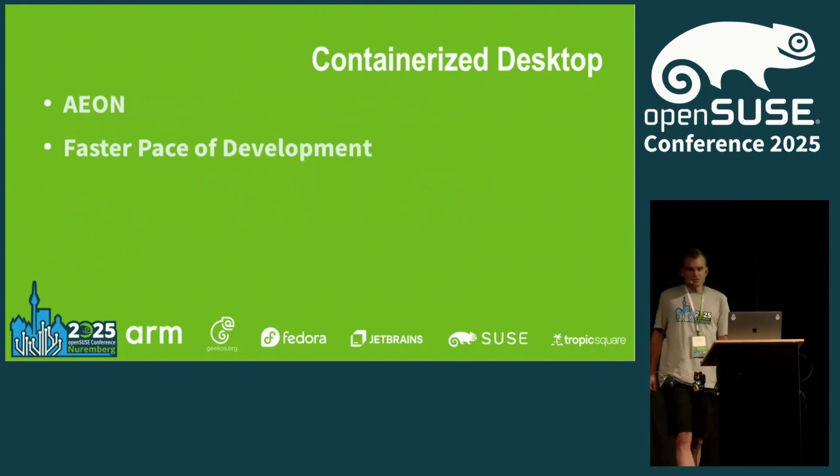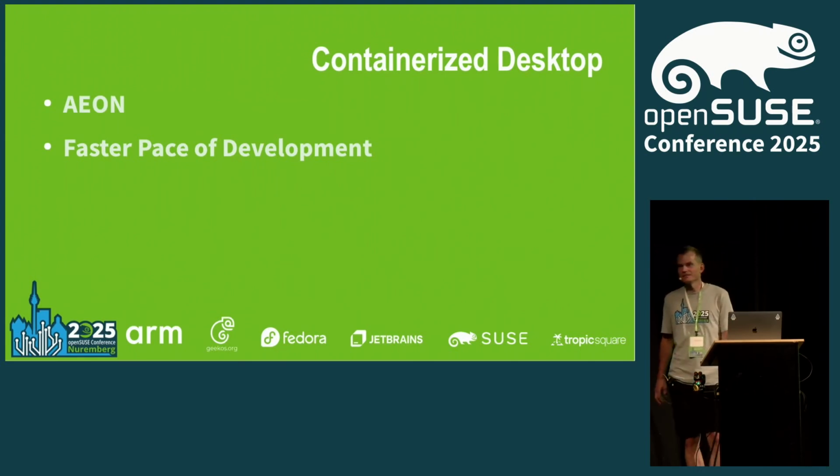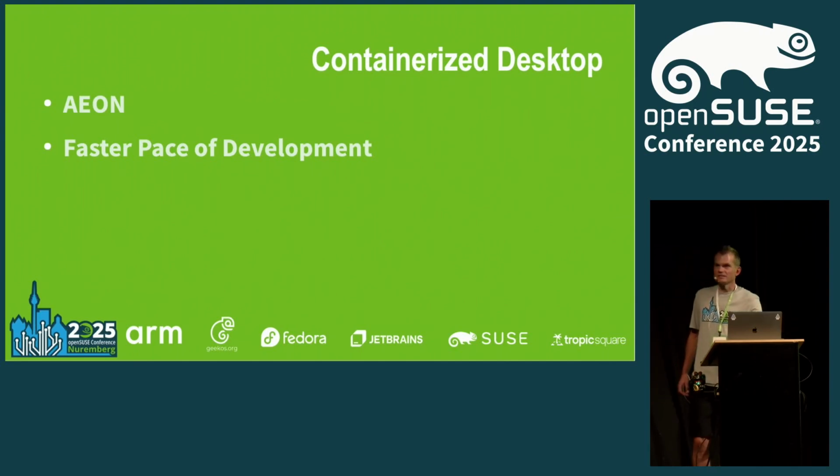If you want to go completely containerized, I saw Richard here, and I think he has a talk about the EON project either later today or tomorrow. This is something that uses exclusively containerized desktop applications, and it's not based on Leap, or as far as I know, we don't have a flavor based on Leap.